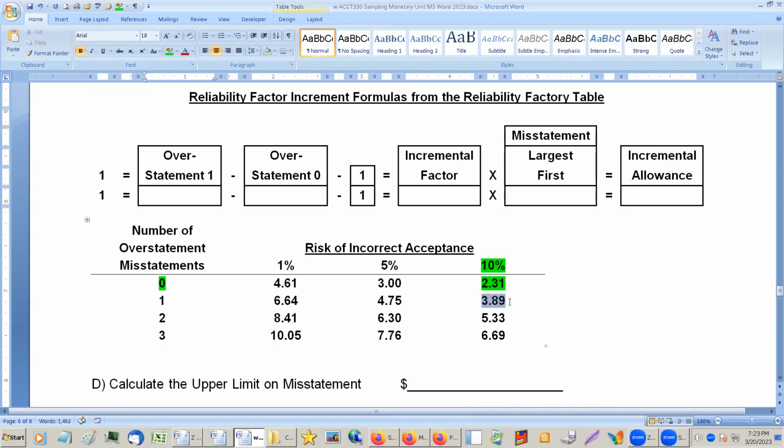So overstatement at 1.89 minus 2.31. Don't forget the 1 minus the 1.